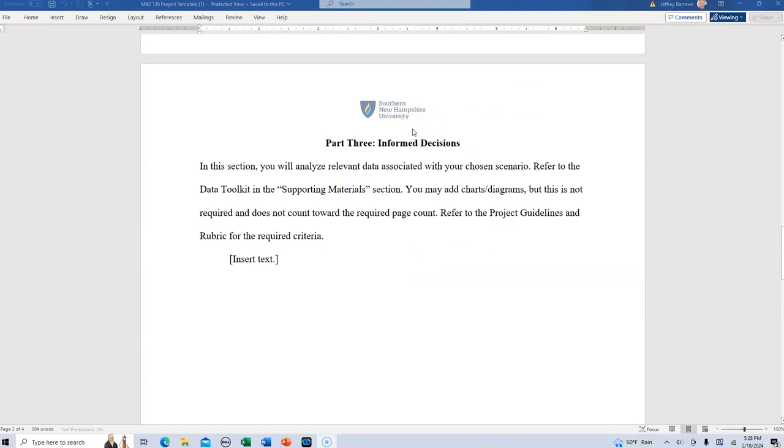So we certainly want to make sure that that's done in accordance with the APA manual, whether it's simply to point out data that you were able to obtain, or something that somebody said about this scenario as a whole. Those are the sorts of things that we would like to see.